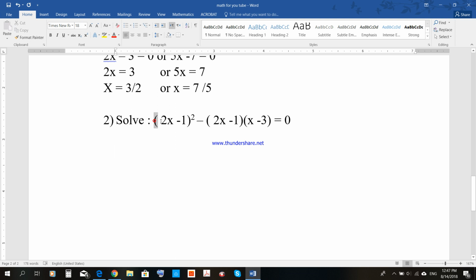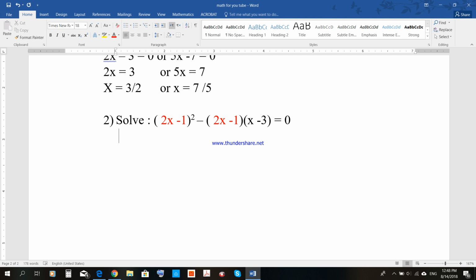Here we have (2x minus 1) squared, and here we have 2x minus 1. These are common. We have a common factor in the first term, and the second one also has 2x minus 1 as a common factor.